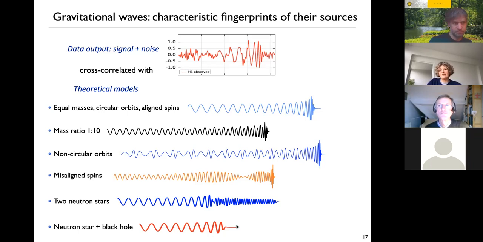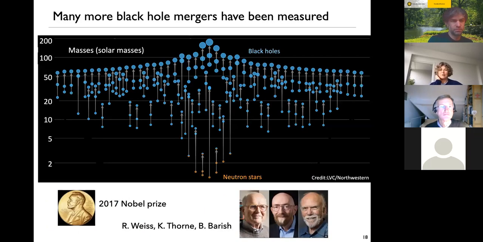Since this first event, many more black hole events were observed. And what were their properties? Here you see this illustrated in terms of their masses. All of the blue dots on this diagram are different black holes observed in gravitational waves. On the y-axis, you see an indication of their masses in terms of solar masses.